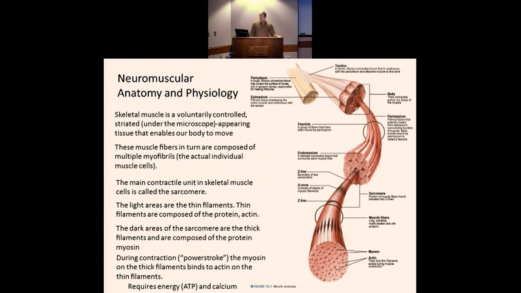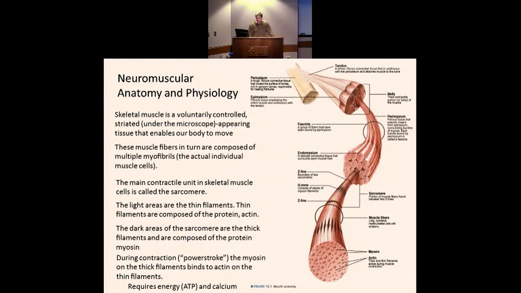Neuromuscular anatomy and physiology. So this is talking about your skeletal muscles, things like that. Skeletal muscles are voluntarily controlled. They look different than your smooth muscles and your cardiac muscles. It talks about just some terminology here. A sarcomere is the functional unit of a skeletal muscle.